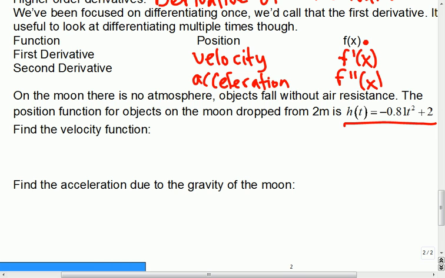Really? Yeah? Well, it must be me then. I must be off today. So this represents what? The height represents position. So how do we find the velocity if I know what the height is? It's the derivative, yeah. So that's the function for the velocity. You give me a time, I'll tell you how fast that ball is falling.